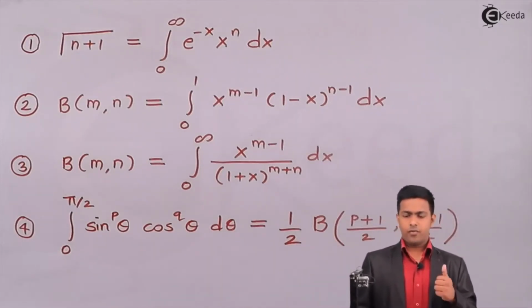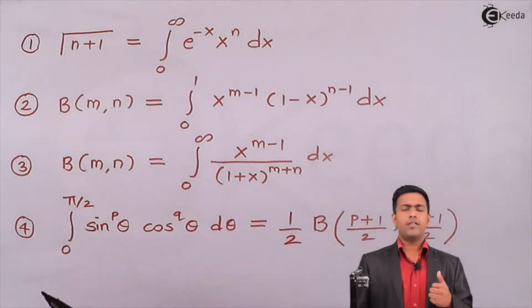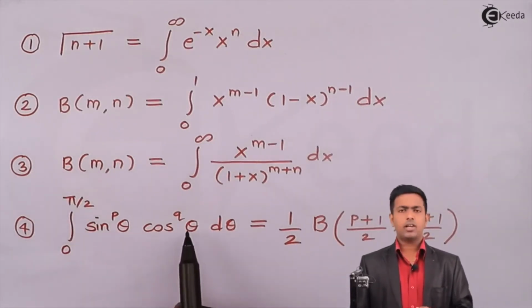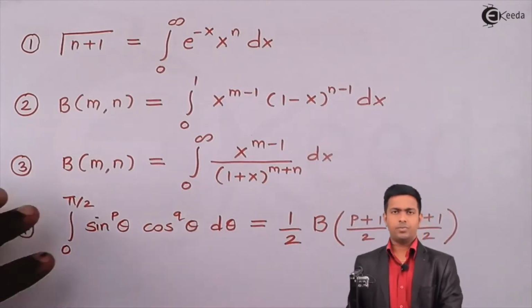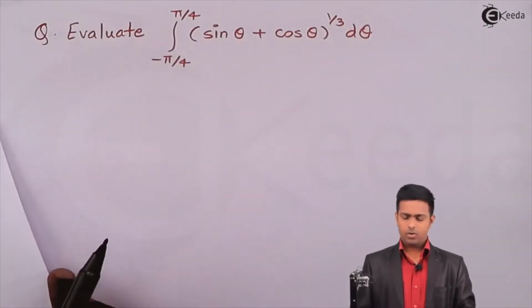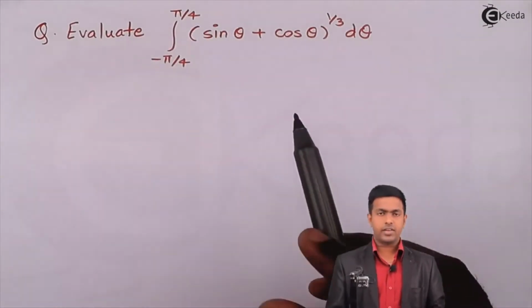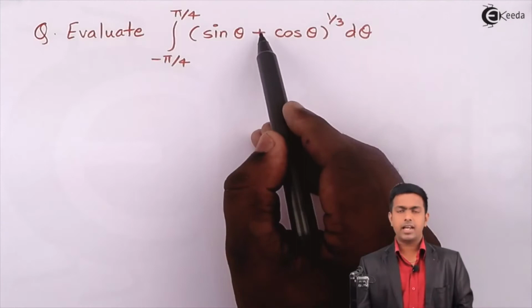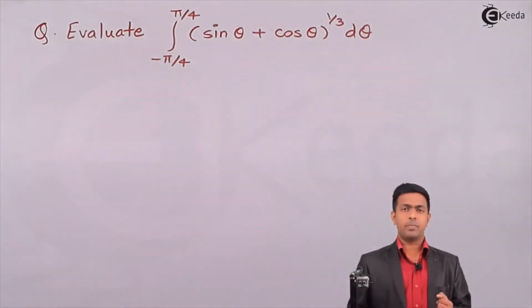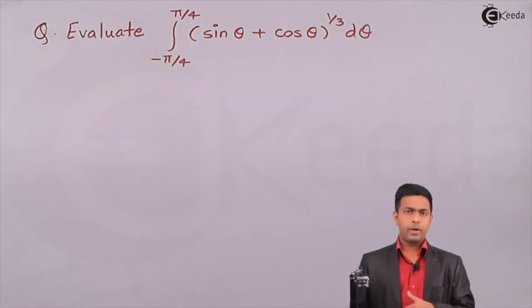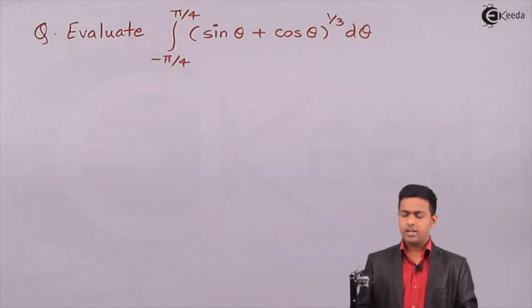So first, we have to bring this limit to 0 to pi upon 2, and the powers of sine and cos as p and q. In our case the limit is from minus pi by 4 to pi by 4. Another thing is, here we have a plus sign in between, whereas we want the multiplication sign between sine and cos. To bring that multiplication sign between sine and cosine, we'll do some adjustments.